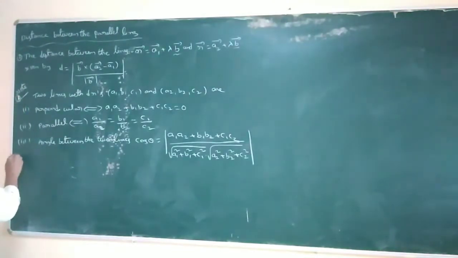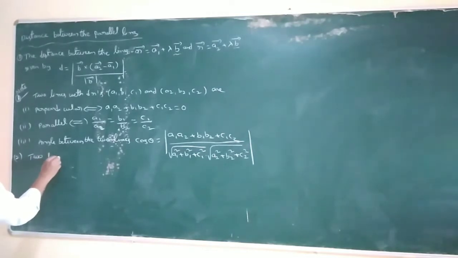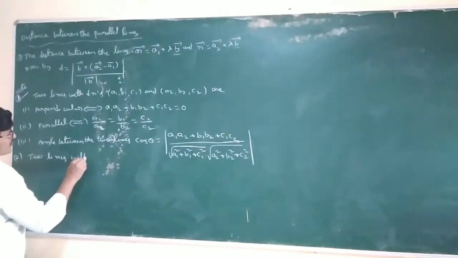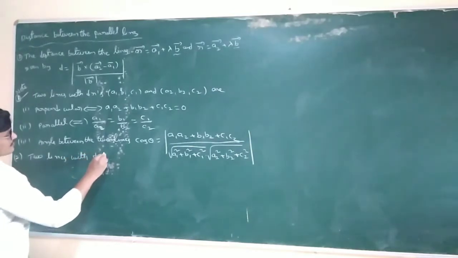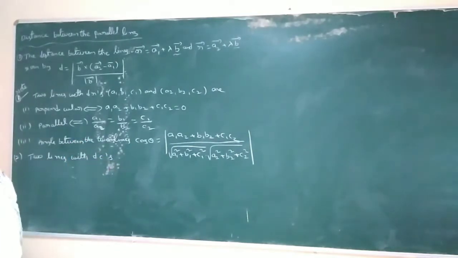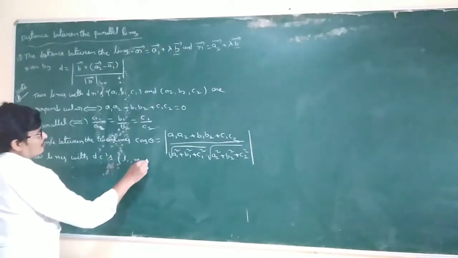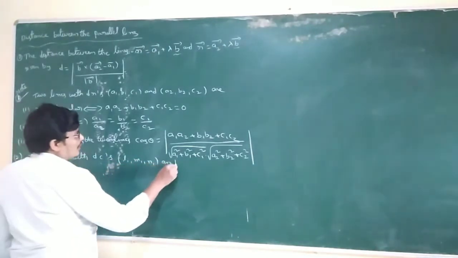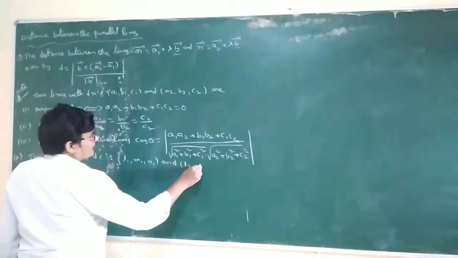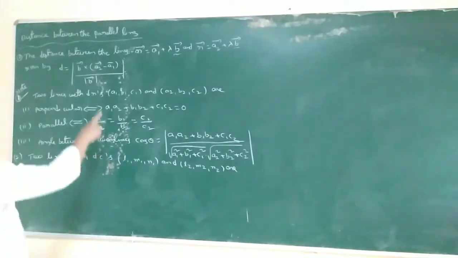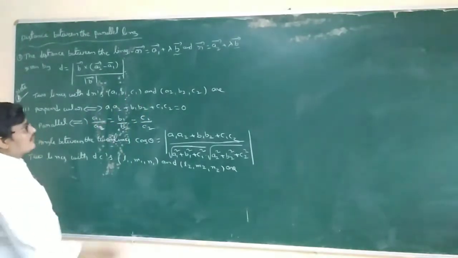Next, note number 2. Two lines with the direction cosines L1, M1, N1 and L2, M2, N2. These are lines, but which type of lines?